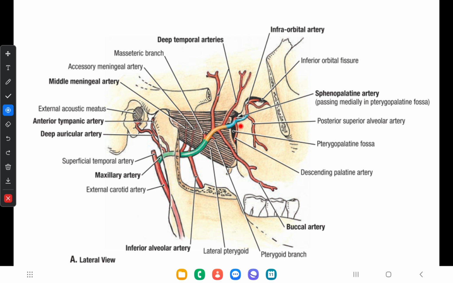You can see only a few branches here: the sphenopalatine artery, the posterior superior alveolar artery, the infraorbital artery, and the descending palatine artery.